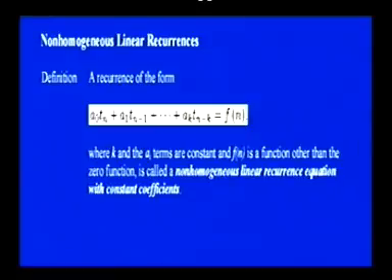In non-homogeneous conditions, your equation will be something like this. This is the general equation of your recurrence form, which goes like a naught T n plus a1 T n minus 1, it goes up to a k T n minus k equal to f of n.